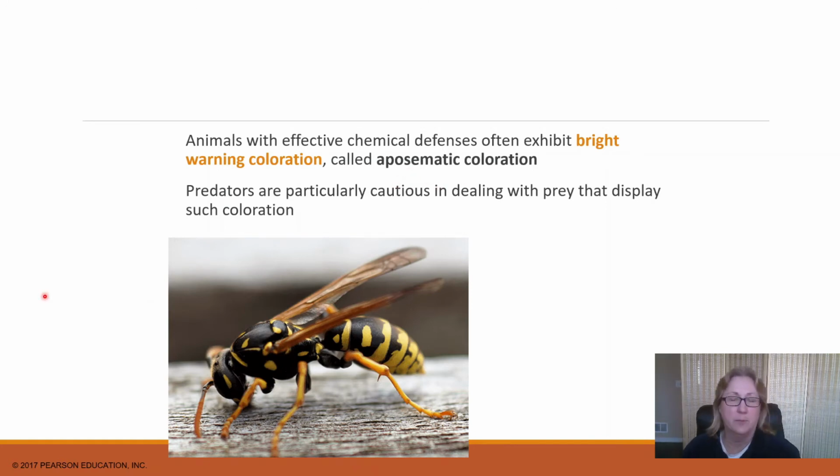Animals that are venomous or have a sting often display warning coloration because they too are small enough to be prey. For example, wasps are displaying warning coloration not for their prey, because they are carnivorous insects, but for birds that might want to eat them. That's who the warning coloration is for.